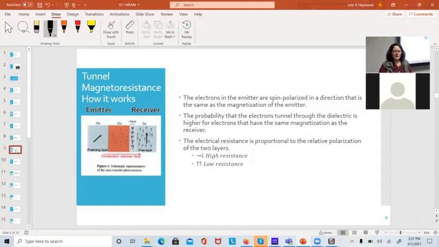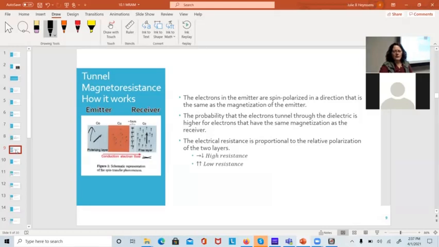So how this works, I have two layers here. And the electrons in the emitter are spin polarized, and I can change the direction of the polarization in the emitter. I cannot change the direction of the polarization in the receiver. So if I have my polarization going in this direction, I magnetically polarize my electrons in this direction.